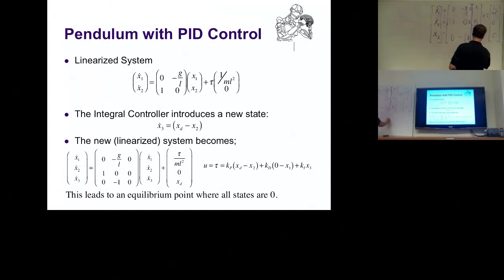So the U integral equals an integral gain ki times x3. This is the new additive term which we're going to get. Now we have to insert this controller back into here for tau. It's the same exercise that we did before.